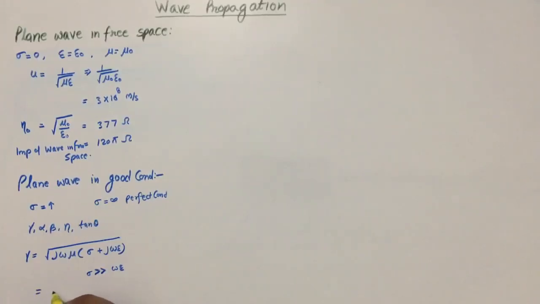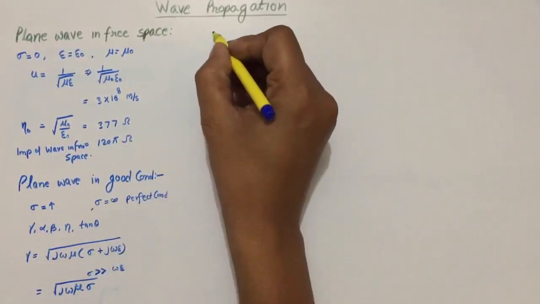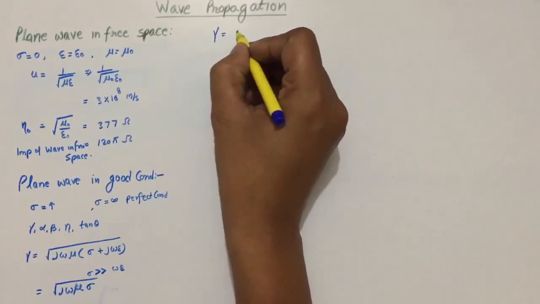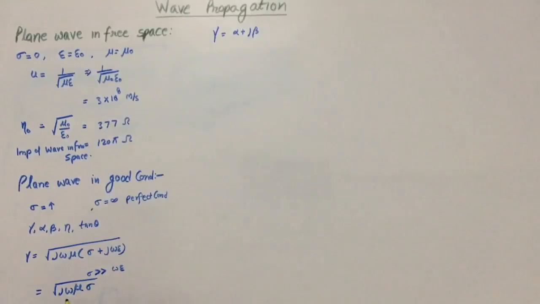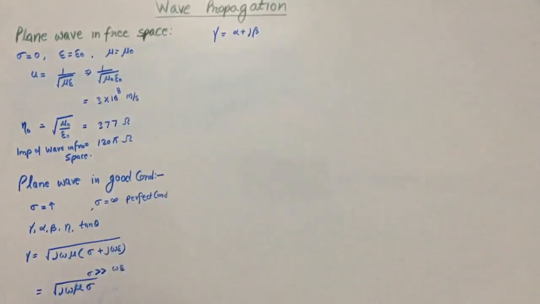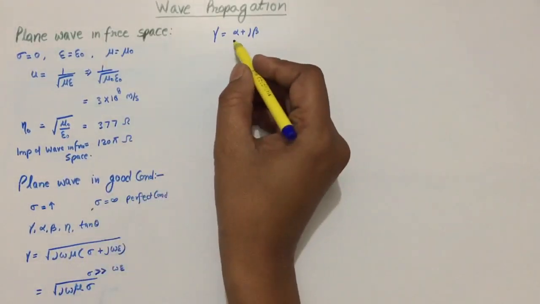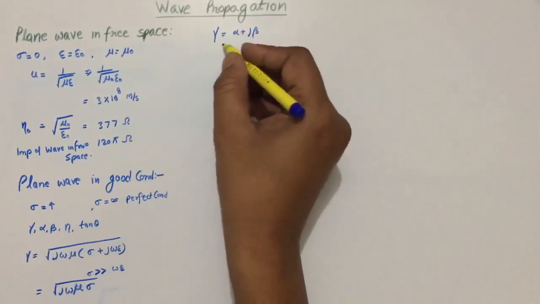So the final value that we have will be root of j omega mu sigma. We can write it like that. Propagation constant gamma can be written as alpha plus j beta. So if we simplify this in constant plus j beta form, then we can find the values of alpha and beta. So let us simplify this in this form.